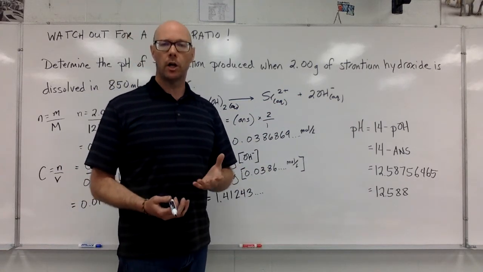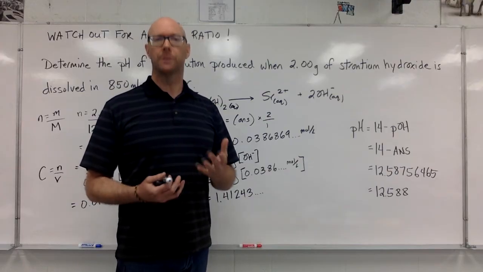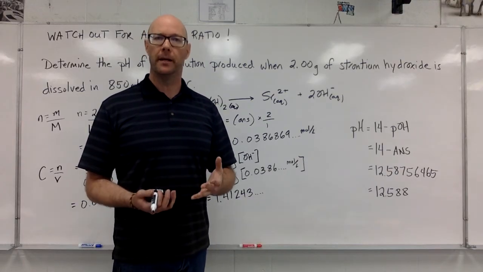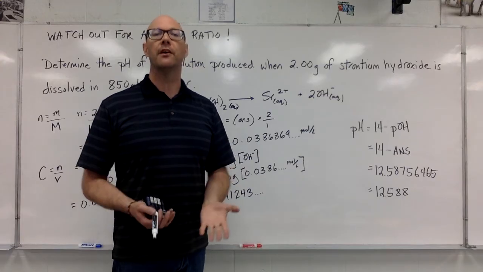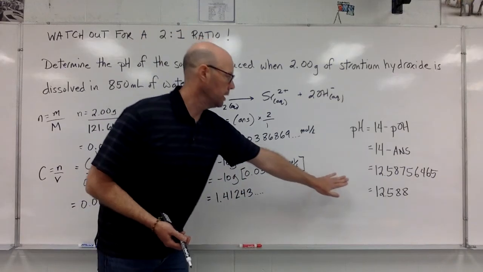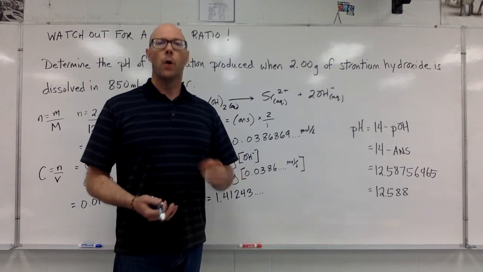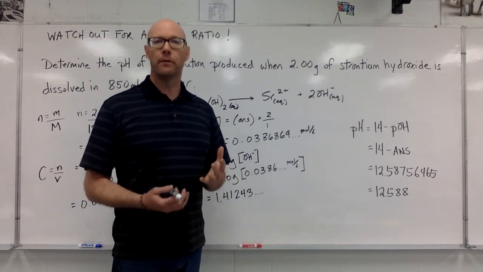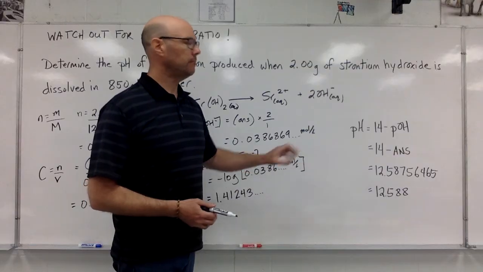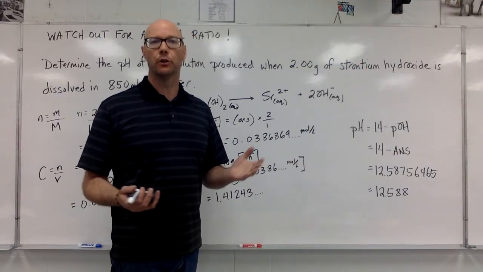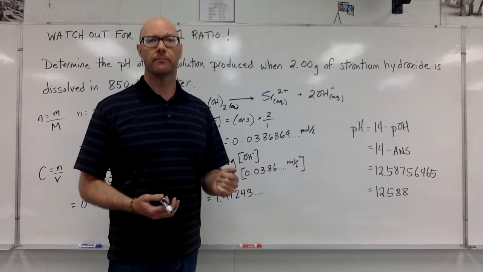Any kind of ionic compound that has hydroxide in it is going to be classified as a strong base, which means it would have to have a very high pH. Here at 12.588, that fits the bill. So we've run through the math and had a moment of reflection at the end, and we've come to the conclusion that our answer does make sense.